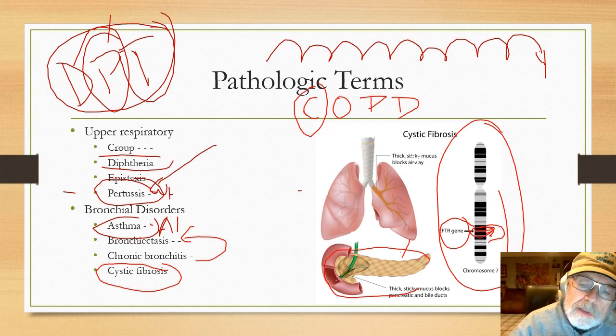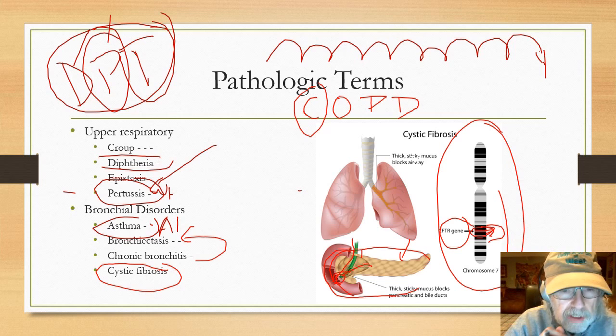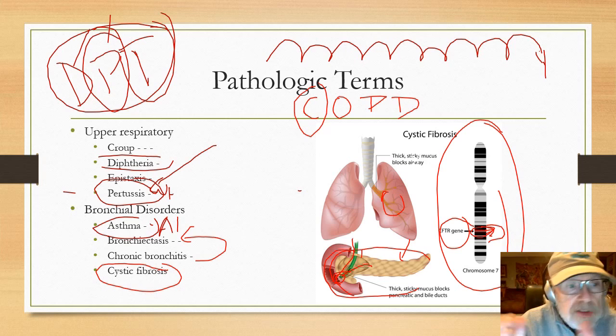Now, this would be the pancreas, and this would be the first portion of the small intestine. And here's a duct that's coming from the gallbladder as well as from the pancreas that goes in there. These secretions become so thick that they block everything. And when they block the lungs, they'll block the small airways, large airways, and stuff like that. And it's something these people didn't ask for. It was a genetic type of problem.